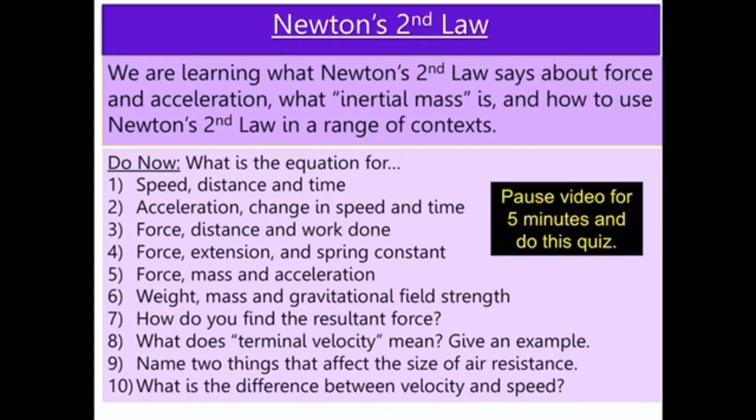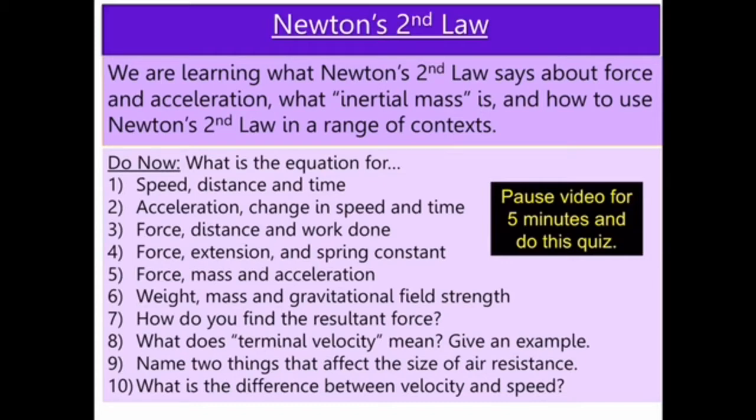Are you ready for some answers? Number 1, distance equals speed times time, or you could have said speed equals distance divided by time. Number 2, acceleration equals change in speed divided by time, or you could have written a equals v minus u over t.